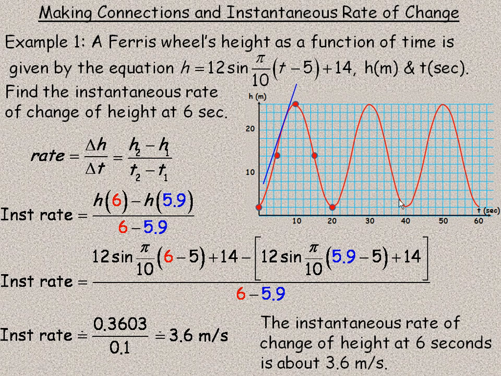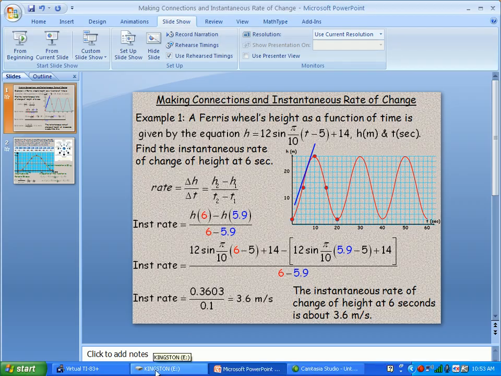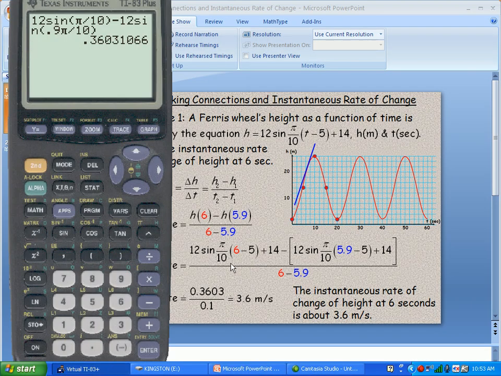And let's go back to the graphing calculator one more time. For example, if we made this 5.99, and then this would be 5.99 in the denominator, then the only thing that we would change is on the end. You see, if I did 5.99 minus 5, this would be 0.99 pi.